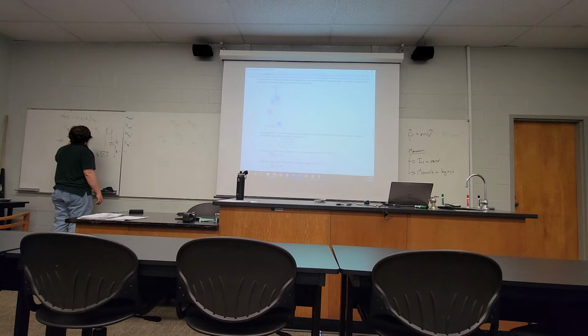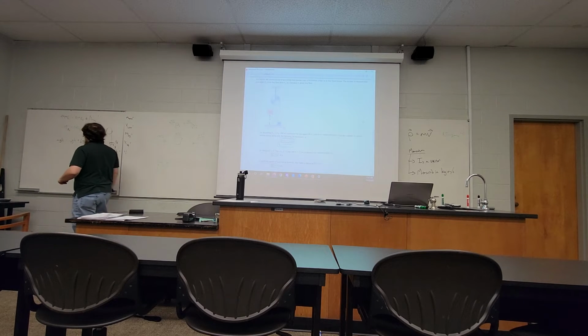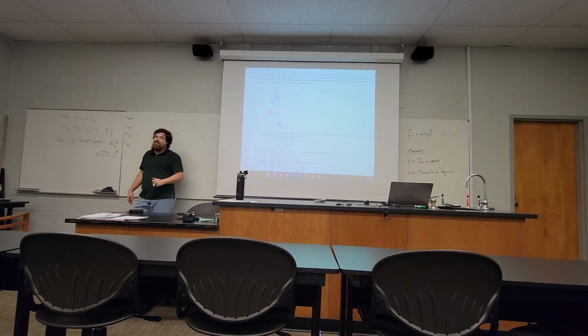Plus 1/2 M1 times VF squared plus 1/2 M2 times VF squared. I'm not plugging in any numbers, I'm just plugging in the formulas and labeling the variables.